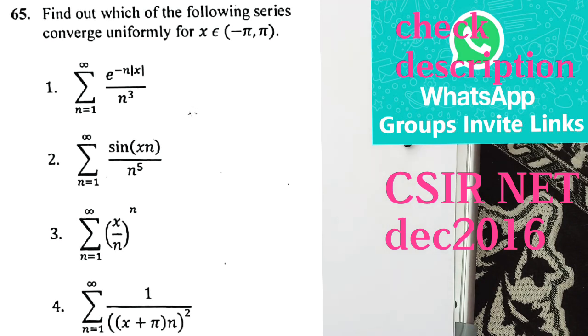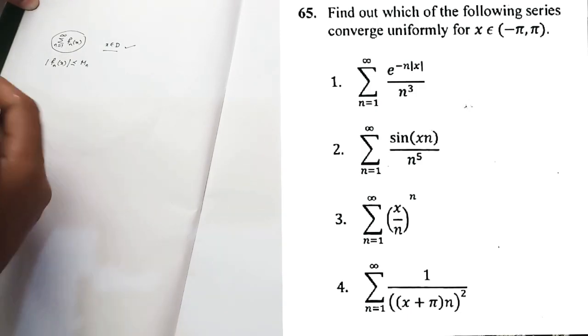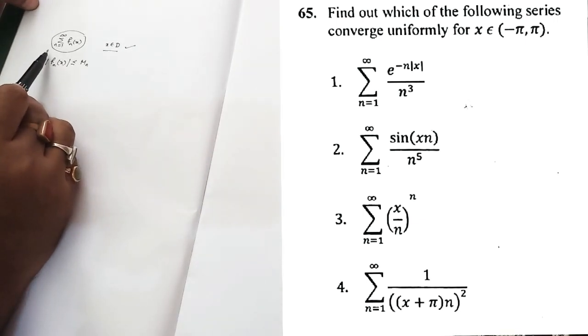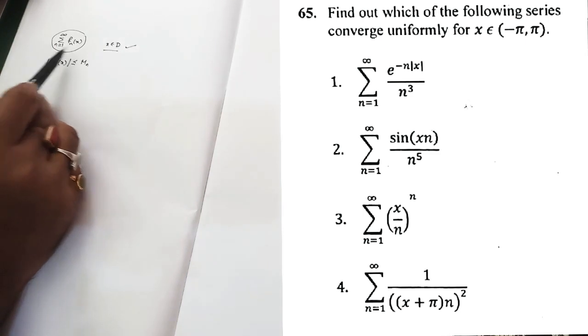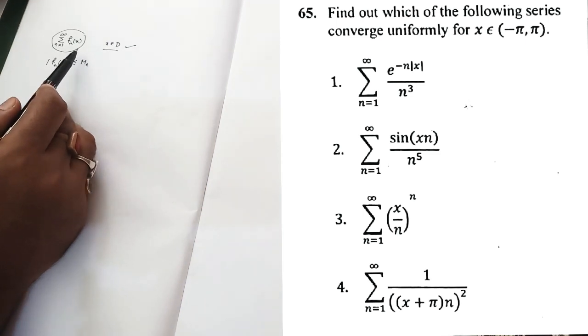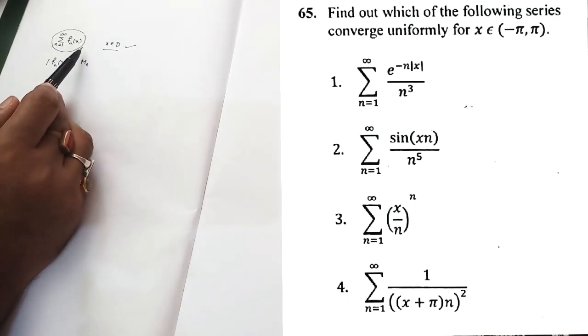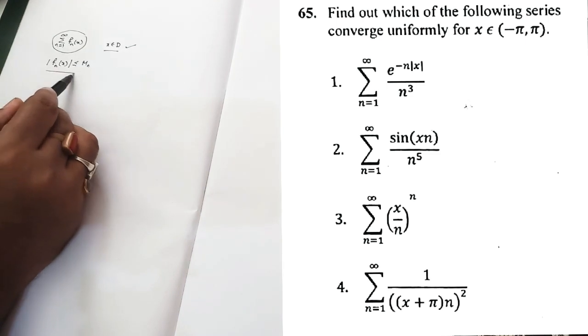Look, to solve this problem you should have a clear idea about the Weierstrass M test for series of functions, which says that suppose you have the series summation f_n(x), where n runs from 1 to infinity, and your interval, say D, that means x belongs to D. Then if the question is to check whether this series is uniformly convergent or not, simply you need to find this kind of relation.